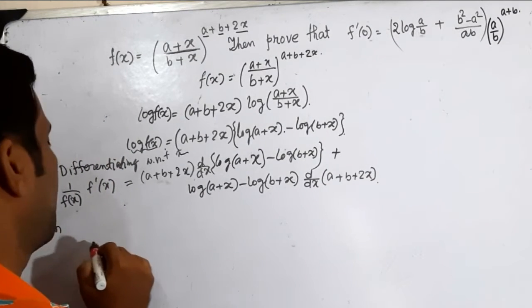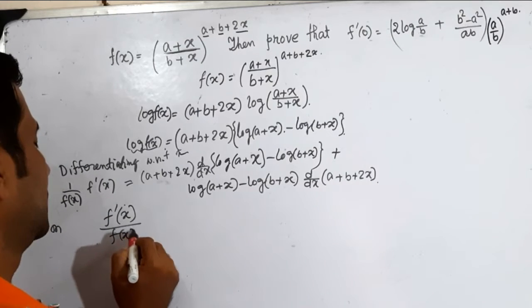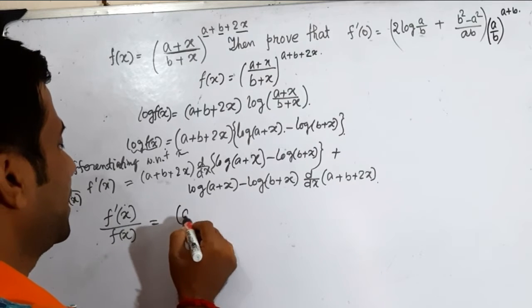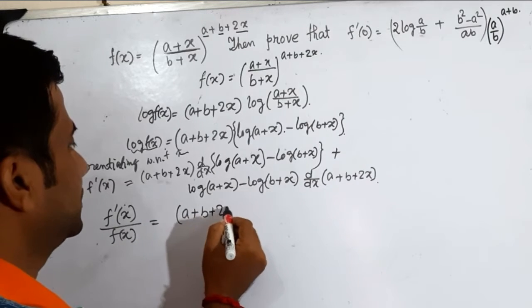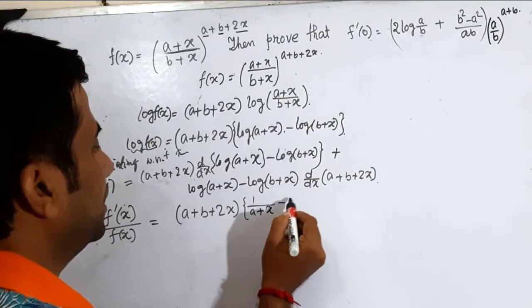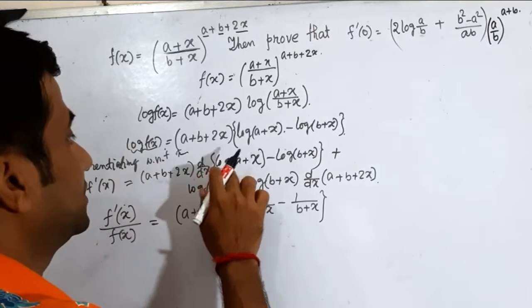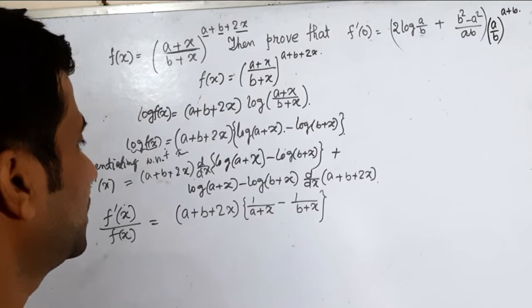Or f'(x)/f(x) equals (a + b + 2x) times [1/(a + x) minus 1/(b + x)]. The differentiation of log(a + x) is 1/(a + x).